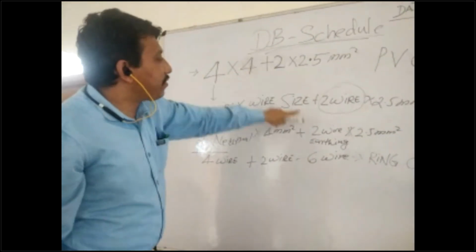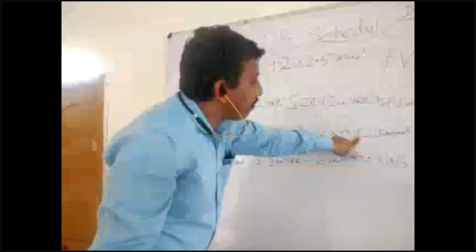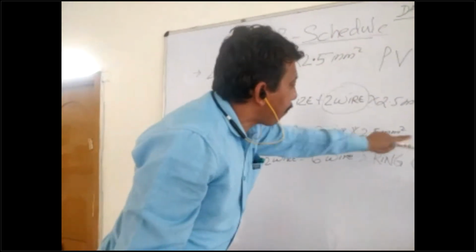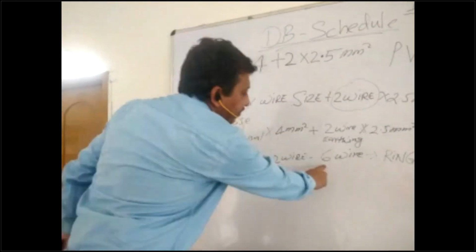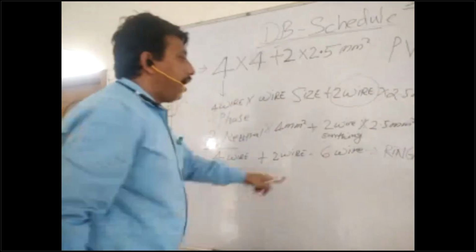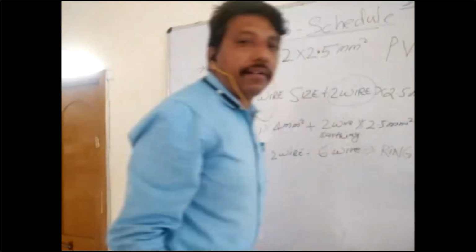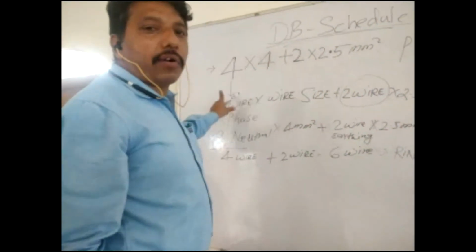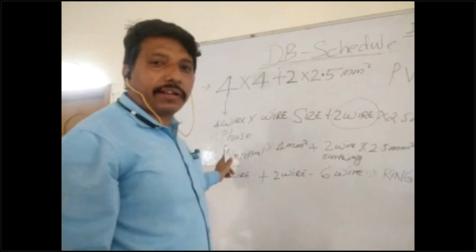And 2 wires means 2 earthing wires, with earthing size 2.5 mm square. Total wires coming in one circuit: 6 wires. And this type of wiring is ring circuit wiring. This is clear, okay? So I hope all of you are clear, yes?